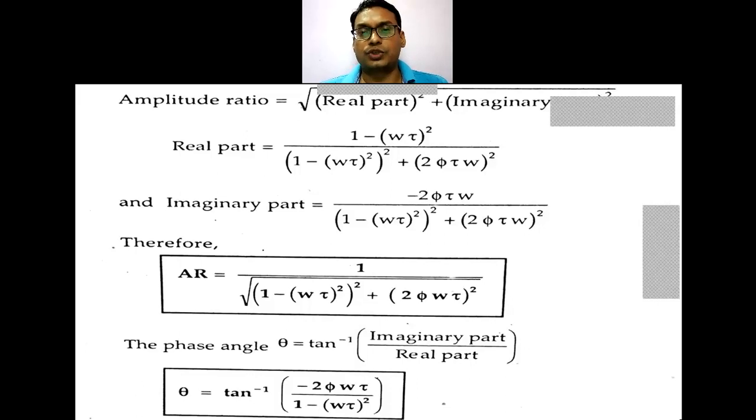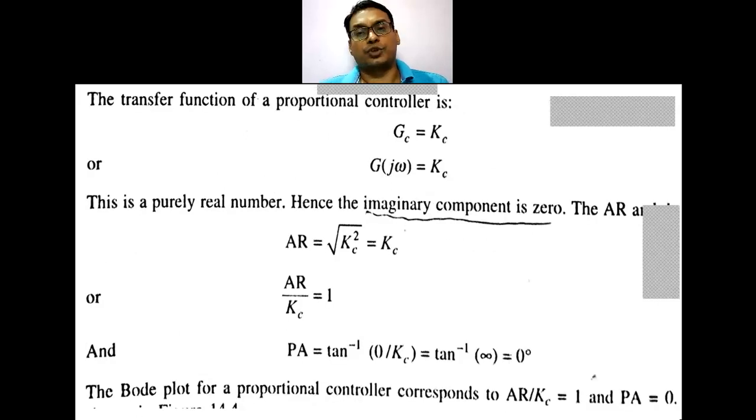Now apply it to the proportional controller. So the transfer function of the proportional controller, Gc, is equal to Kc, and by substituting s in terms of j omega, G of j omega is equal to Kc.